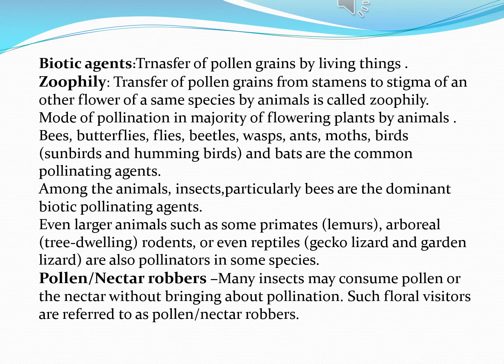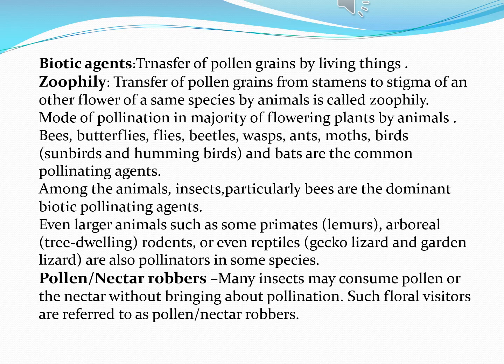The next concept is pollen robbers or nectar robbers. Many insects may consume pollen or nectar without bringing about pollination. Such floral visitors are referred to as pollen robbers or nectar robbers.